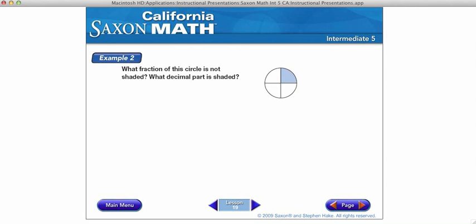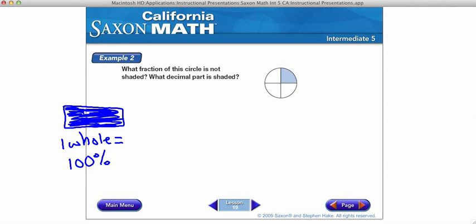Okay, so before we move on to example 3, let's just do a quick review of what they talked about. So they gave you a couple of rectangles, and this whole rectangle was colored in. And they said that one whole equals 100%.